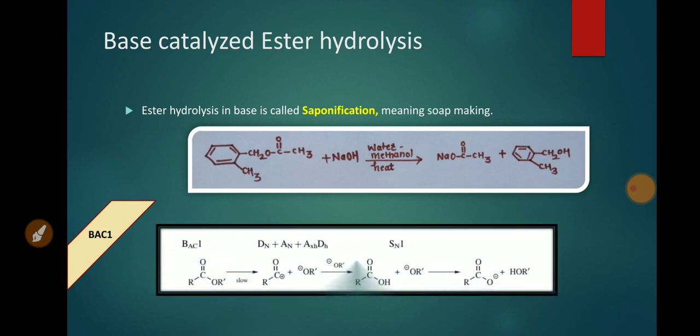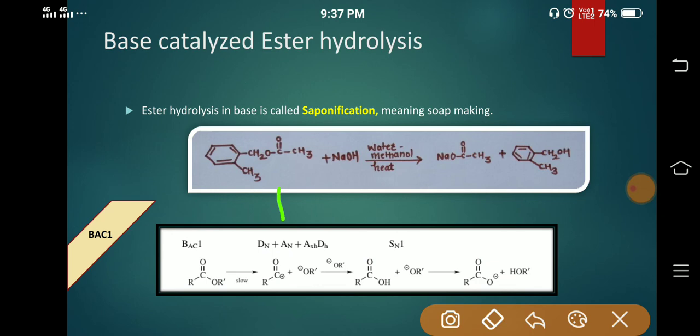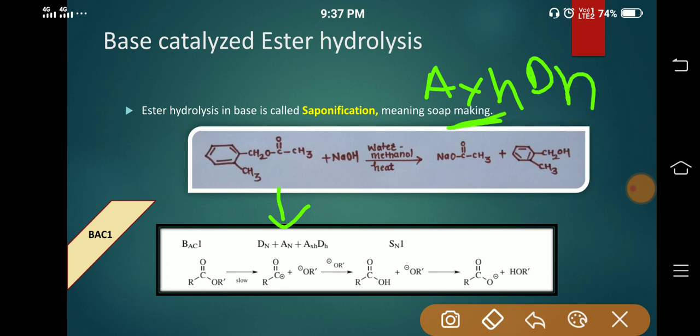It can be carried out by using an SN1 type of mechanism. The IUPAC nomenclature for this type of mechanism is DN, AN, AXH, DH, where AXH, DH indicates that the proton generated here can be exchangeable.